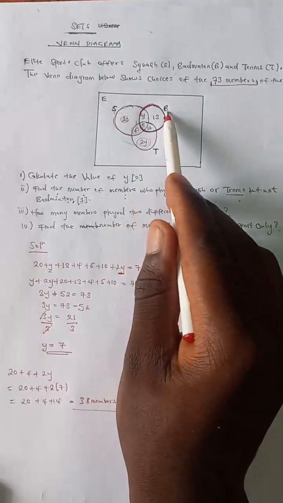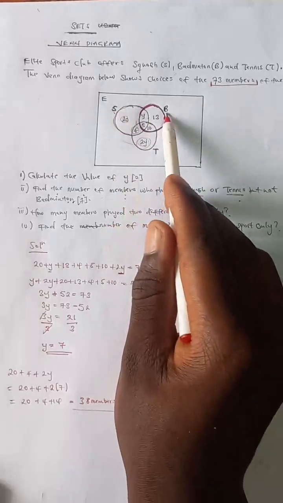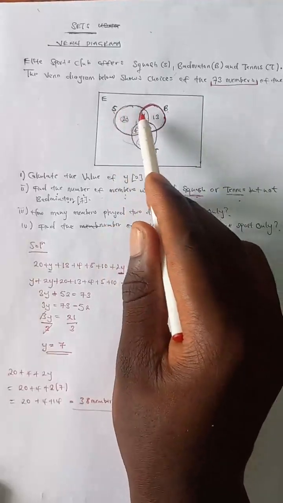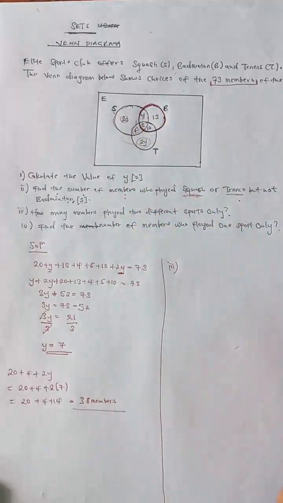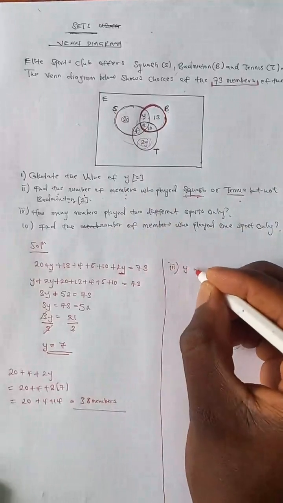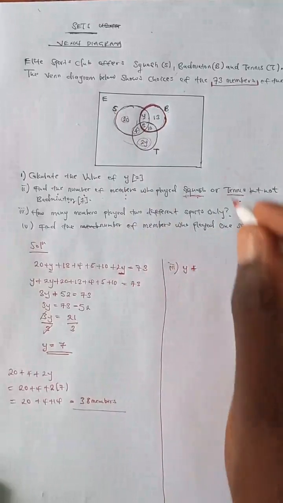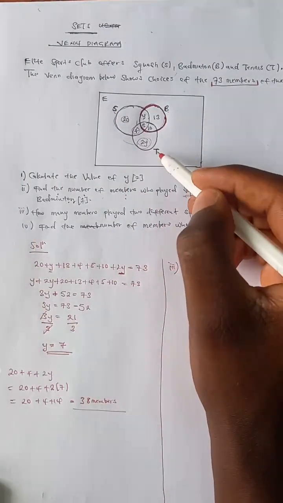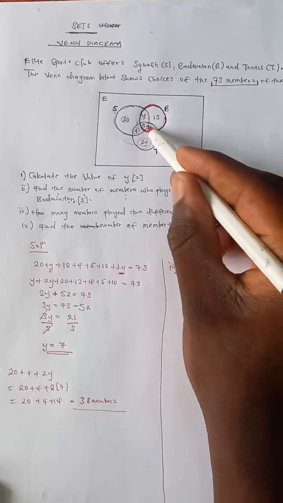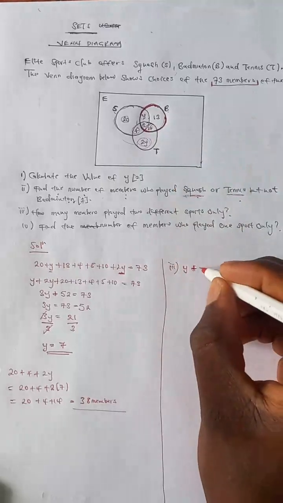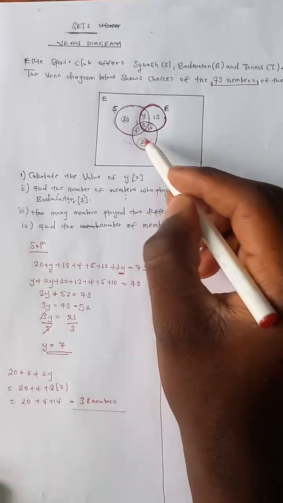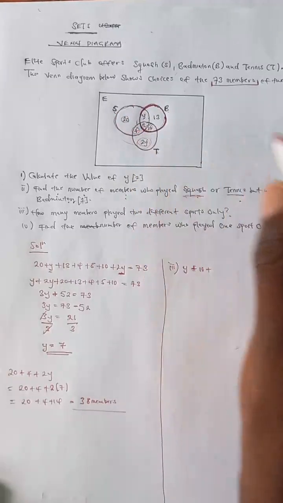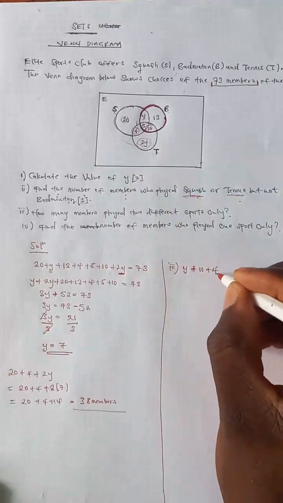Squash intersection badminton, which is S intersection B, it is this y. So we're going to write y, plus badminton intersection tennis, it is this 10. Plus squash intersection tennis, it is this 4 there. So I shall write a 4.